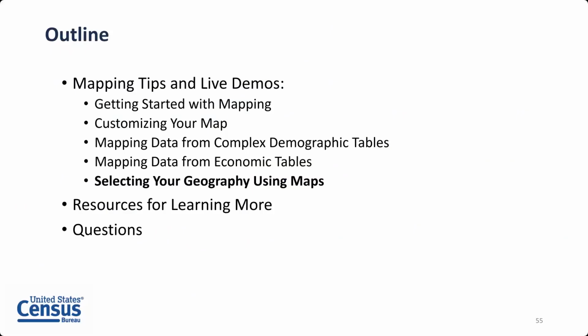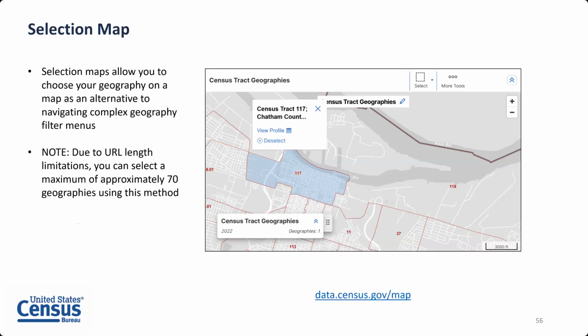The last thing I wanted to show very quickly is moving away from mapping data and moving towards using this as another method to help you get to data by visually selecting your geography. So up until this point, we've been selecting our geography through lists. In the filter panel, you can use the map itself to visually select a geography.